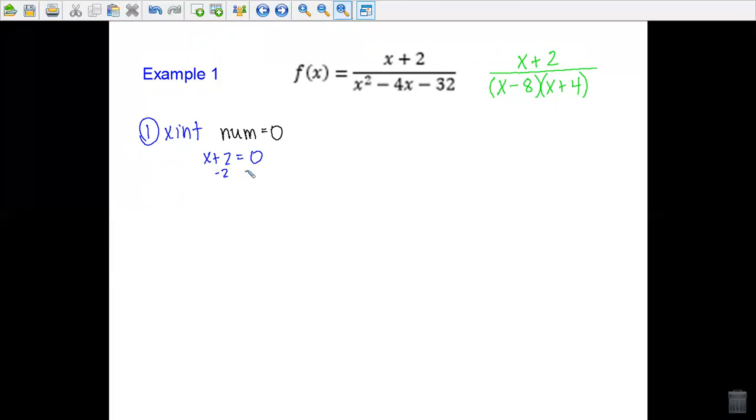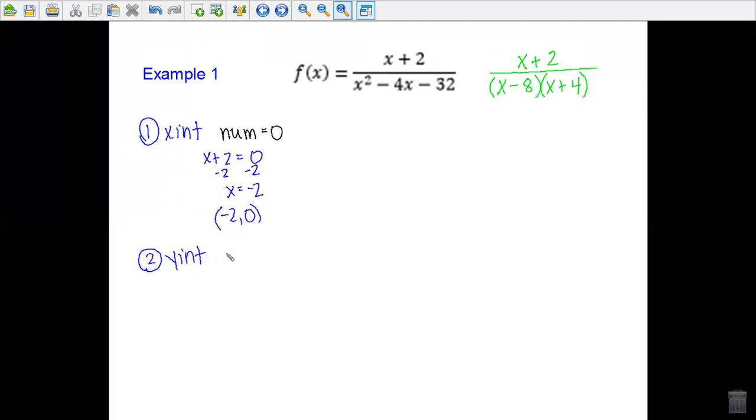So I subtract 2. So we get x equals negative 2. So that's my x-intercept. Now, if it's an x-intercept, I need to write it as an ordered pair. So that means it's on my x-axis and y is 0. So my ordered pair is negative 2, 0. So there's my x-intercept.